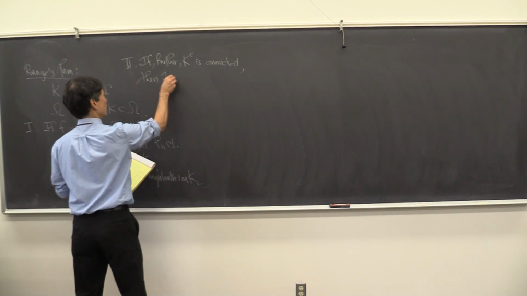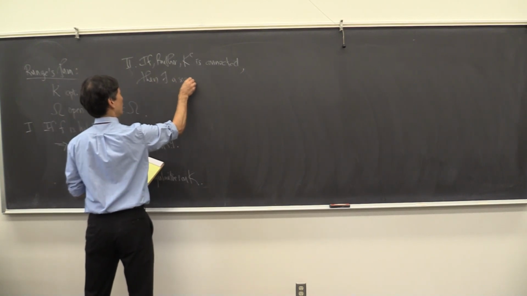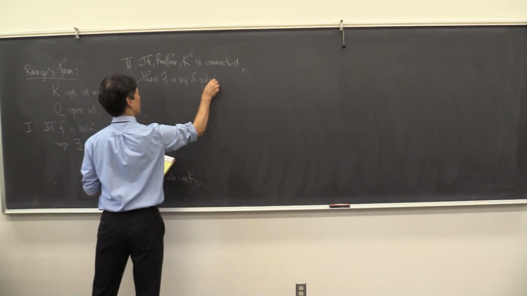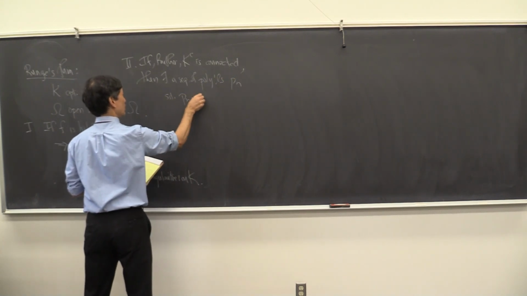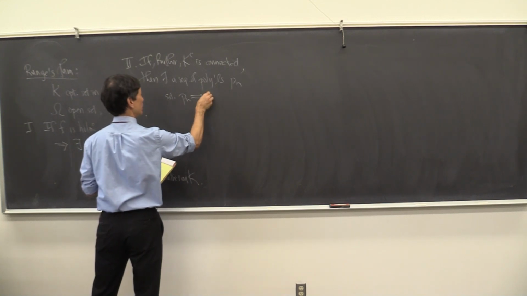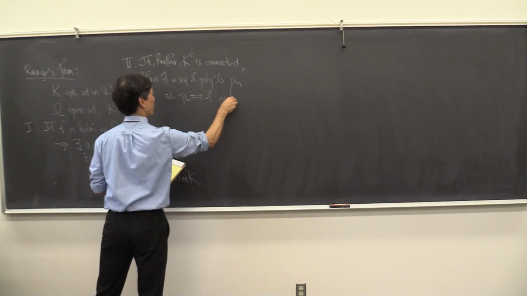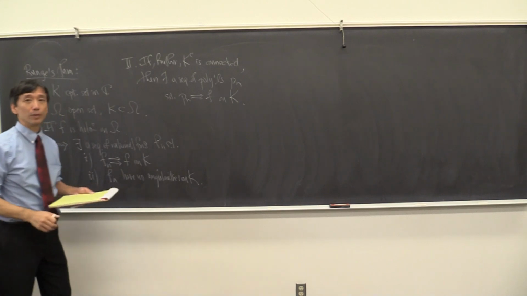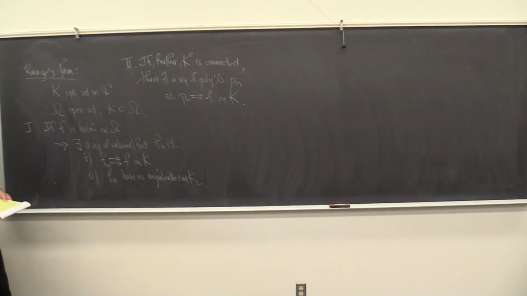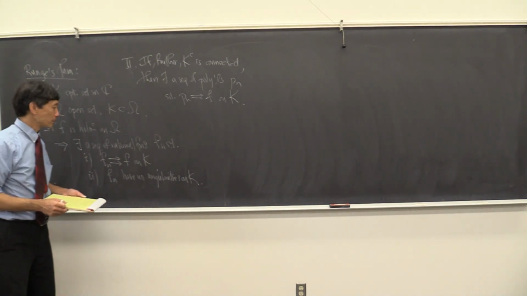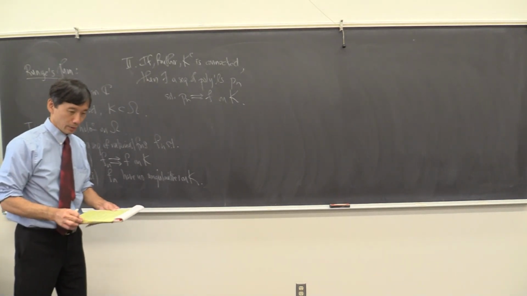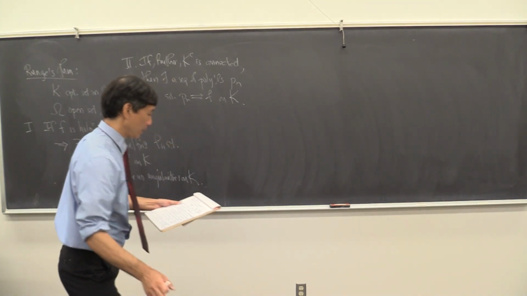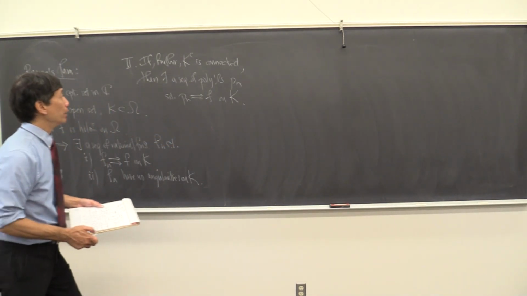So there exists a sequence of actual polynomials P sub n such that P sub n converges to f uniformly on K. And of course, there are no singularities anywhere.